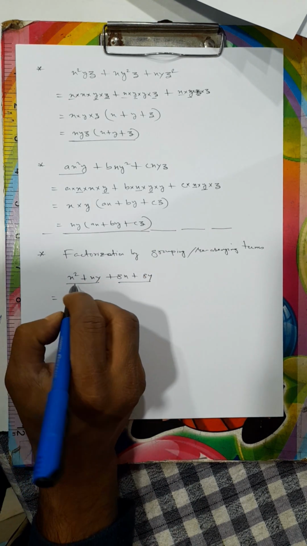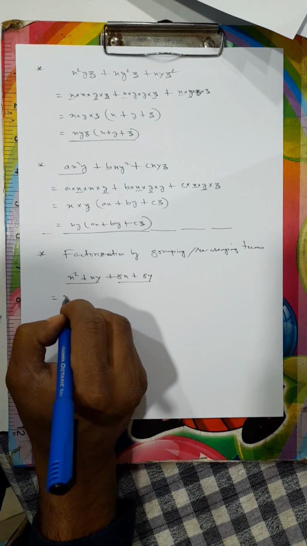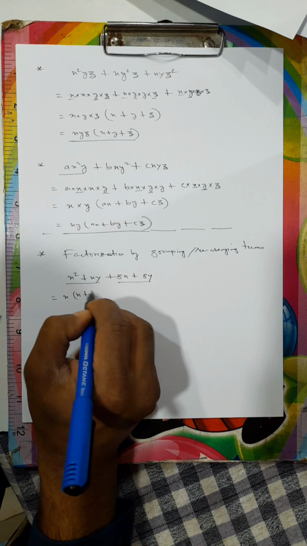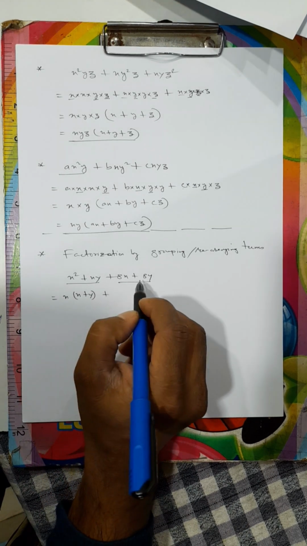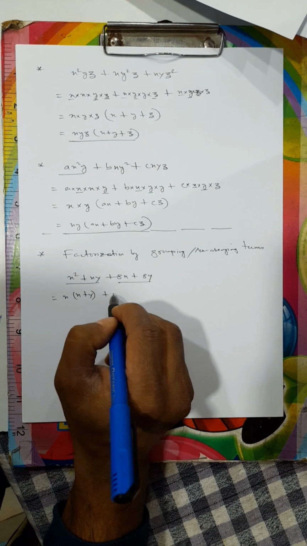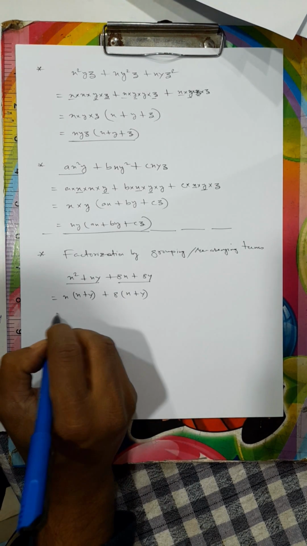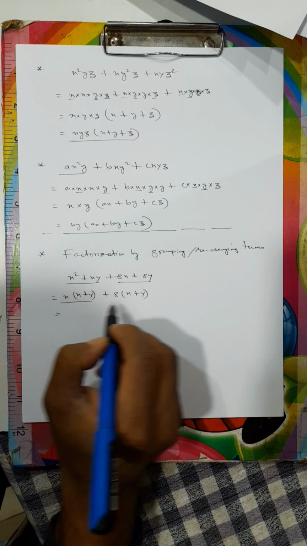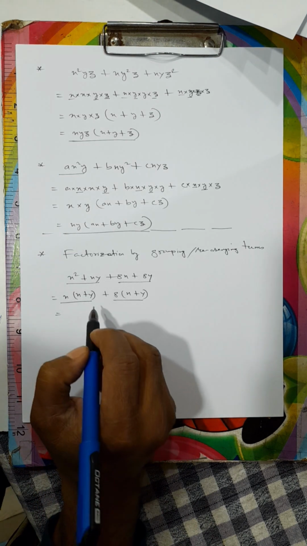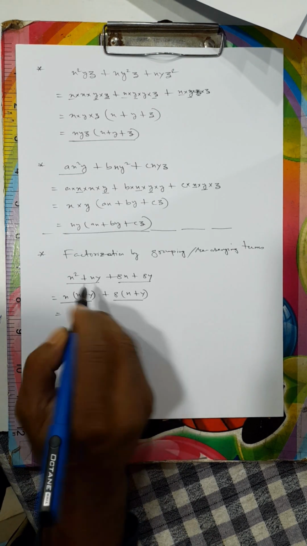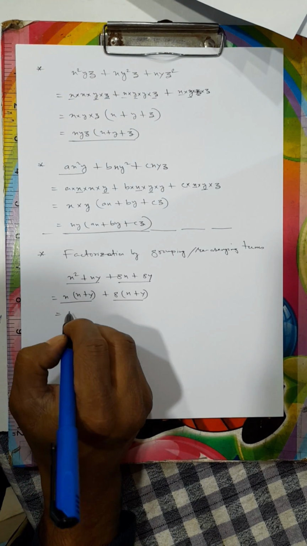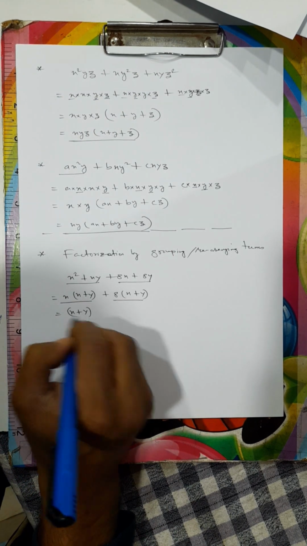If we take the common factor x here, you will find x into x plus y. And if you take 8 as a common factor of these two terms, you can write it as 8 into x plus y. Again you find two terms here. Now x plus y is a common factor of both these terms, so you can take x plus y as a common factor.